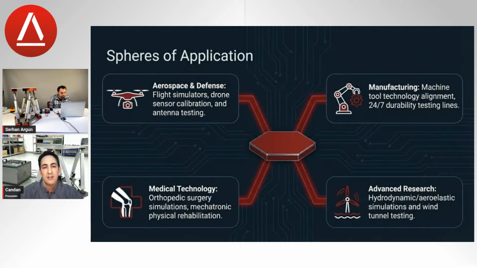So these are mostly human and machine interaction. And there are also simulator and rehabilitation applications where the patient and the machine get into contact and interact with each other. These are the applications we see in the medical technology space.